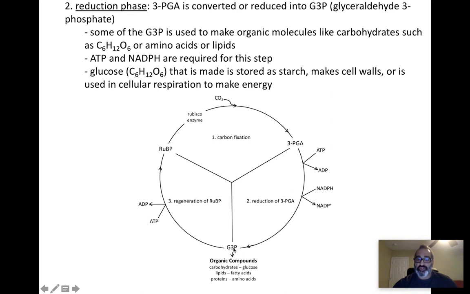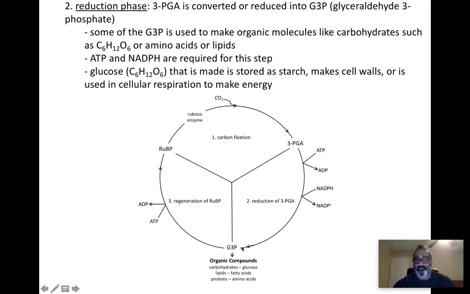3-PGA becomes G3P. 3-PGA gets reduced, so it picks up hydrogens and becomes this compound called G3P. G3P is pretty much the main compound made in this process. G3P can be converted into organic compounds: glucose, sugar, lipids, fatty acids, proteins, amino acids.